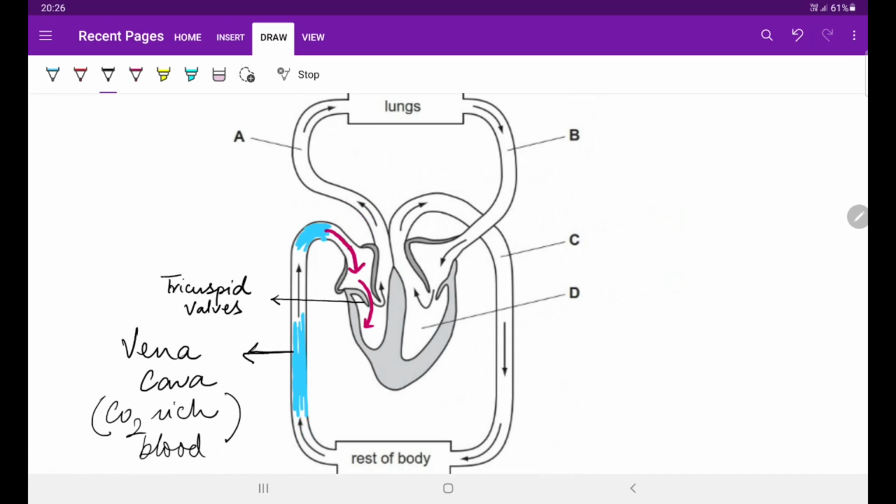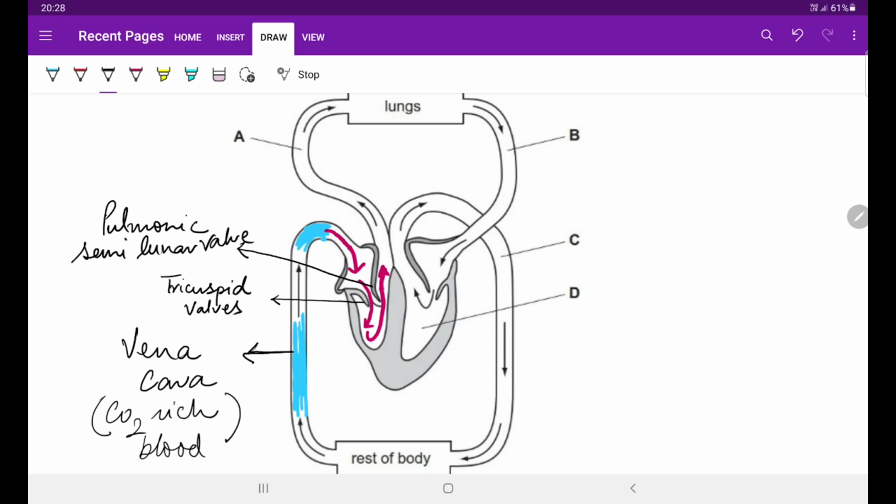As the right ventricle is filled with the blood, it pumps the blood out of the heart to get oxygenated. It does so through the pulmonary artery. But again, the blood has to pass through a valve, and the valve which lets this blood go out of the right ventricle is called the pulmonic semilunar valve.